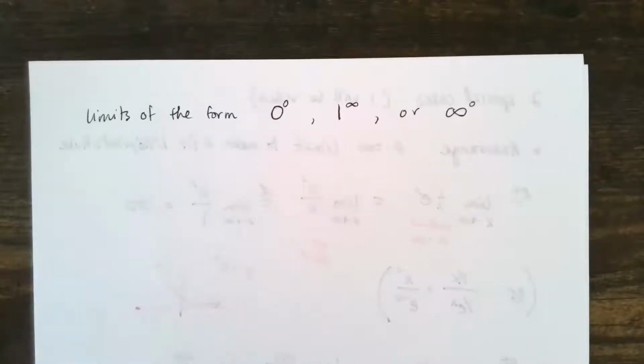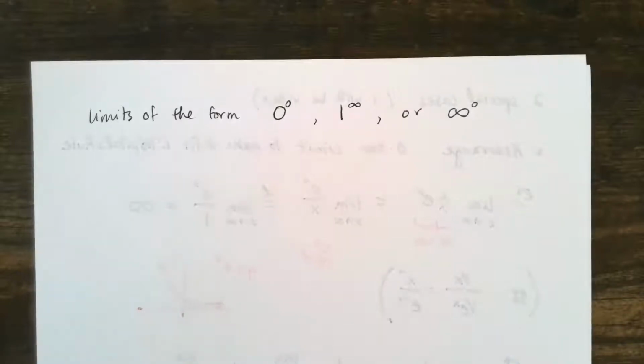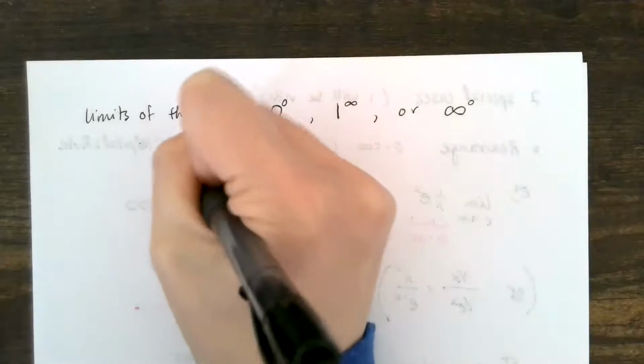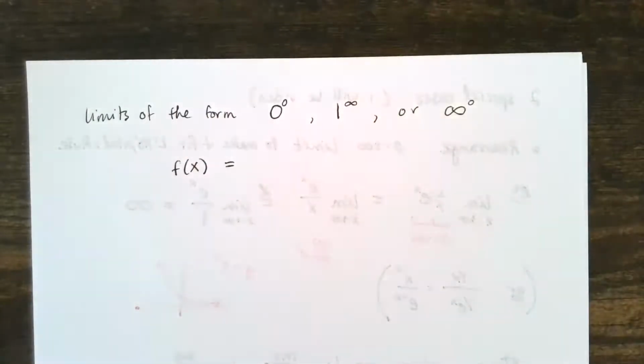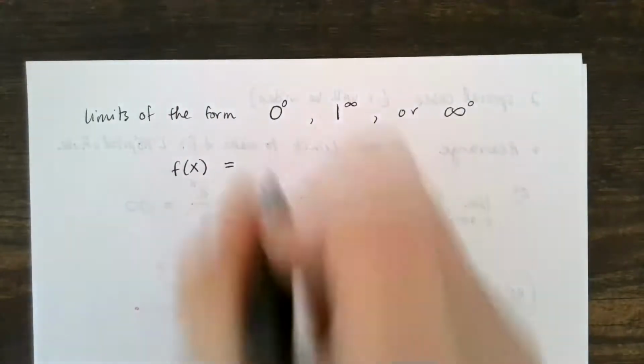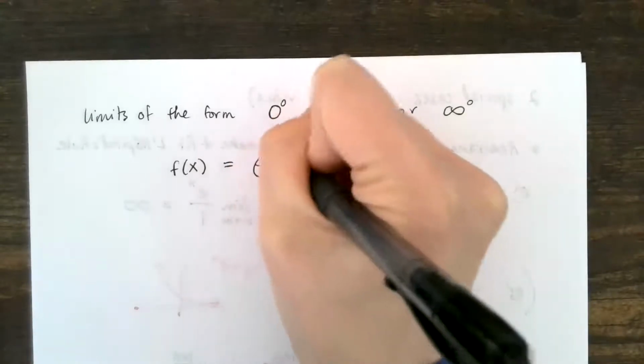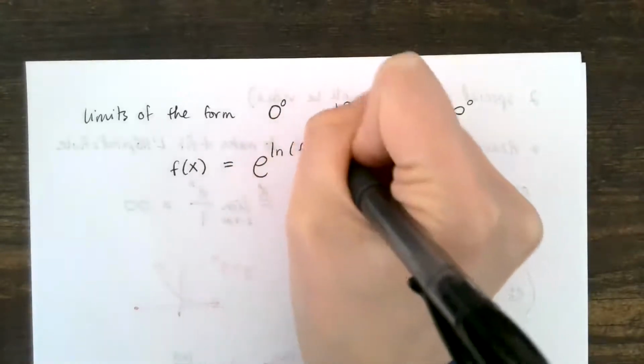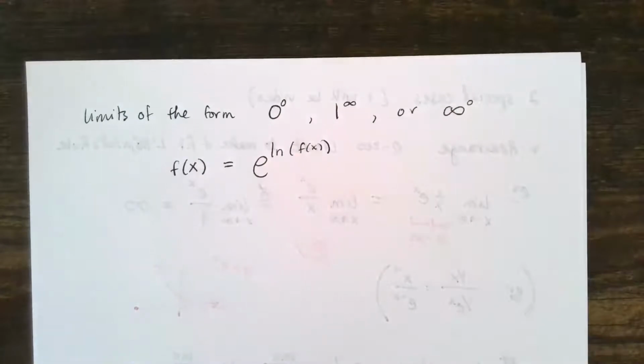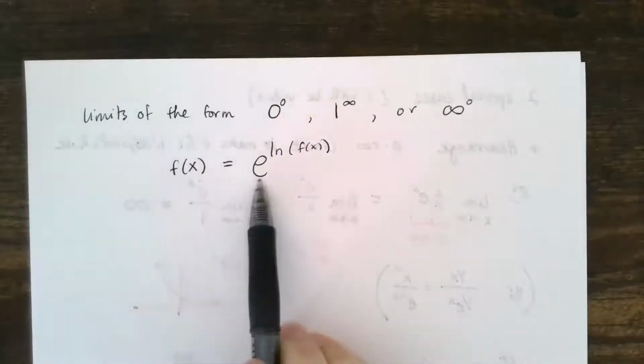Okay, so the crux of what we're about to do: we're going to use L'Hopital's rule for sure, but there's going to be one really significant move that we do in rearranging the limit that we start with. And the crux of it is this. If you have any function in your limit, it is equal to e to the ln of that same function. Now, it looks like we've made it much, much worse.